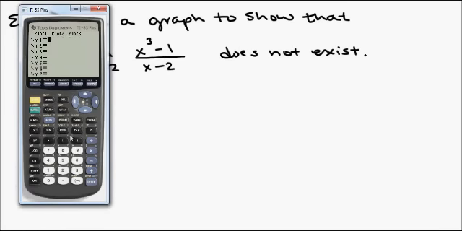Clear this out. So parentheses, x cubed minus 1 divided by parentheses x minus 2. And I'm just going to do the standard window, so zoom 6 will bring this up for me.